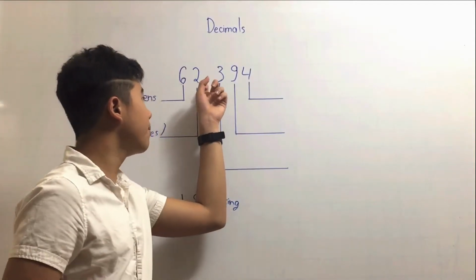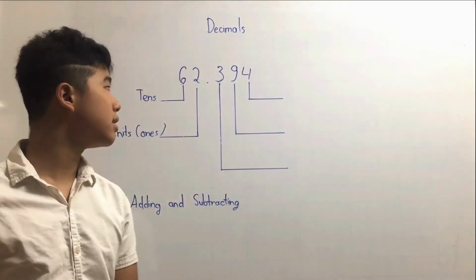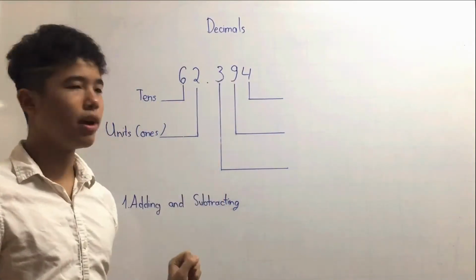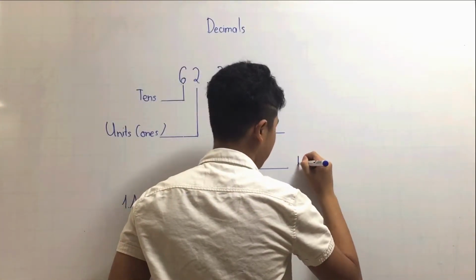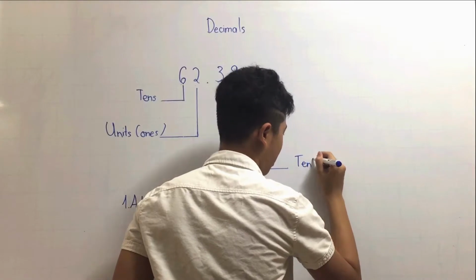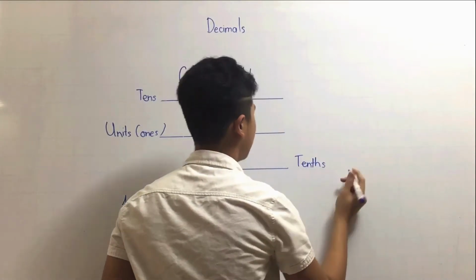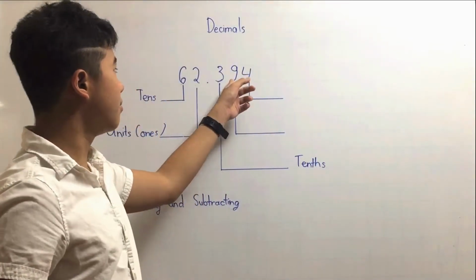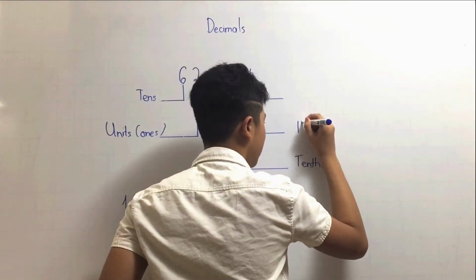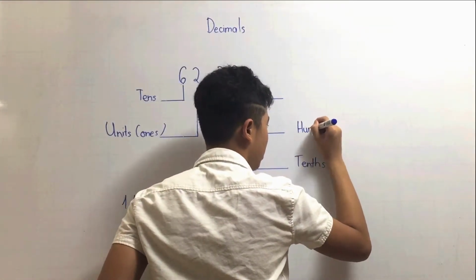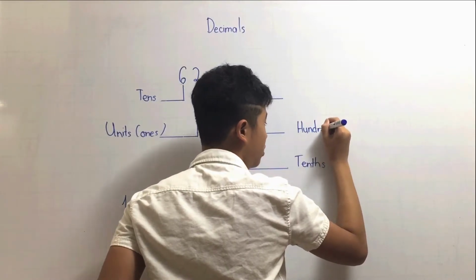Then behind the decimal point, we have 3. The 3 right here is tenths. The 9 behind the 3 is hundredths.